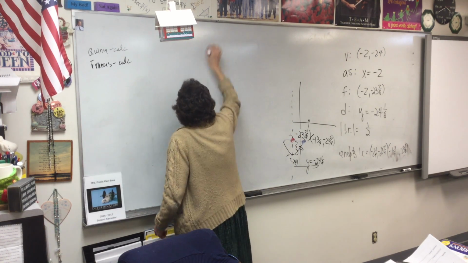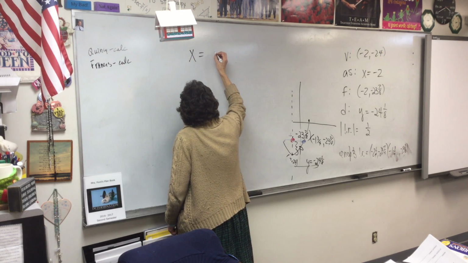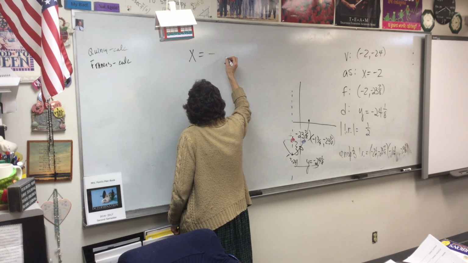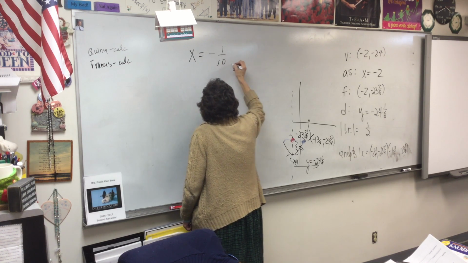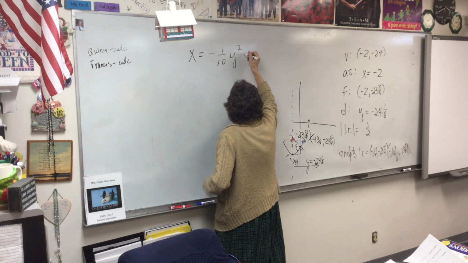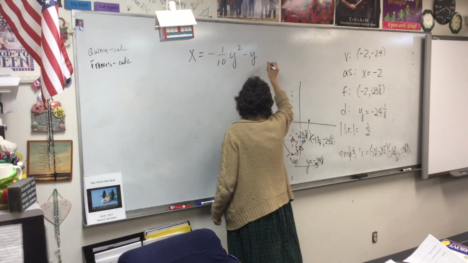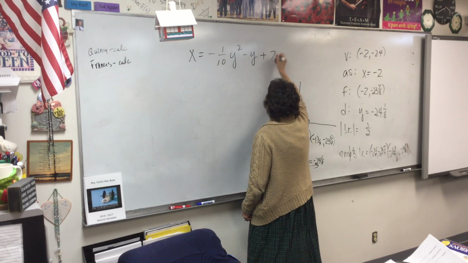Wouldn't that be awesome? Alright, so x equals, how about negative 1/10 y squared minus y plus 2.